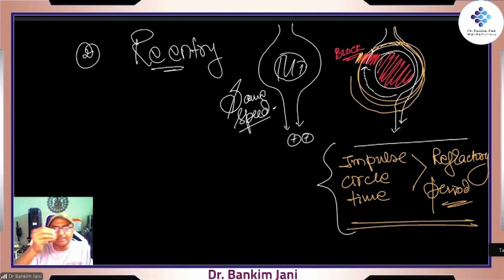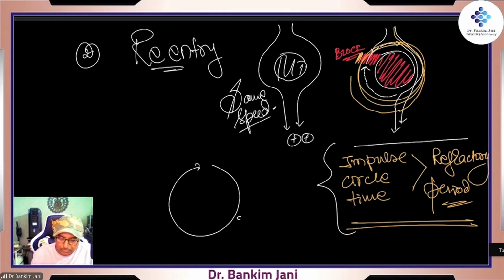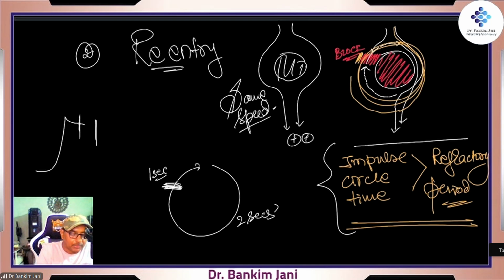Say the impulse is taking, as a random number, 2 seconds, and over here this gate remains closed for 1 second. Refractory period is that. So the tissue is contracted and now starts the refractory period. During this small phase, even if you give another signal, the tissue won't contract.